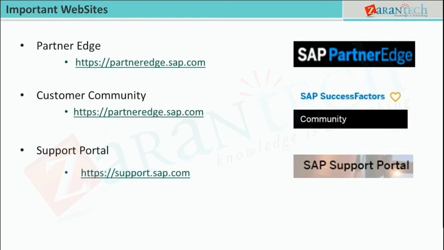For these various kinds of things, we generally approach SuccessFactors, and this is the support tool, support.sap.com, that we use for the various requests that we have to raise. So this is just to give you an idea about the various important sites, guys.